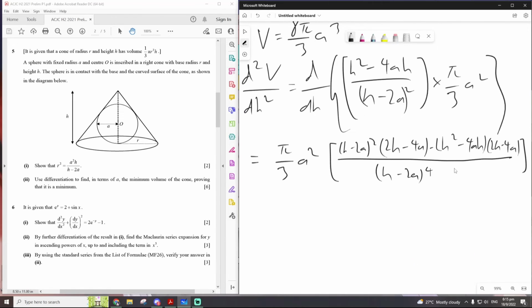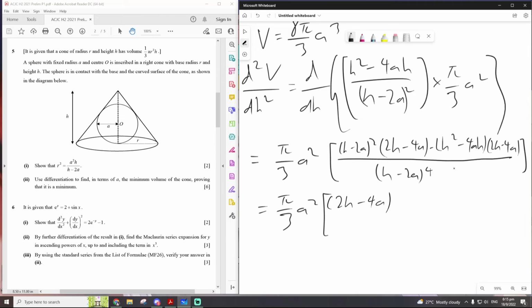This can be simplified quite a lot, so pi over 3 a squared. This is 2h minus 4a times h minus 2a squared, then minus this thing, h squared minus 4ah. So h squared minus 4ah plus 4a squared, then minus h squared and add the 4ah.